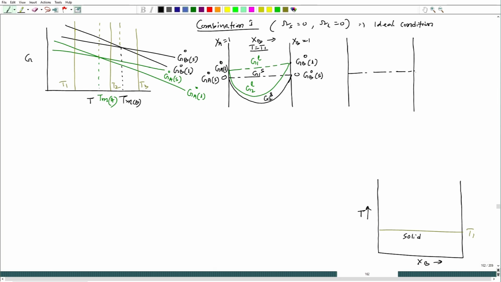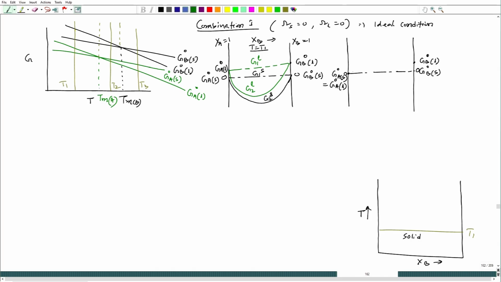Please mark the lines accordingly. This is G B not solid, of course, this is the 0 0 point. This is G A not solid, which will be equal to G A not liquid, because at this point X A equal to 1, both solid and liquid free energy merge for pure metal A, and this should be G B not liquid.